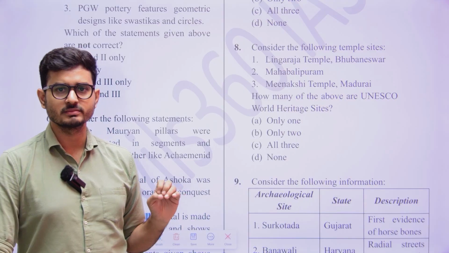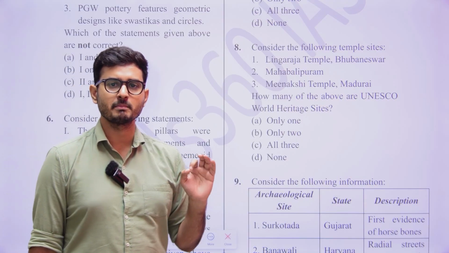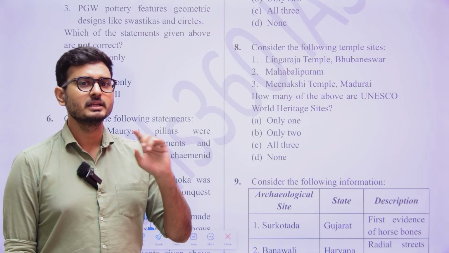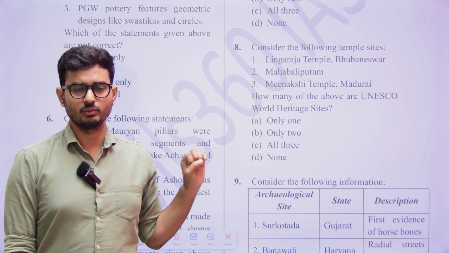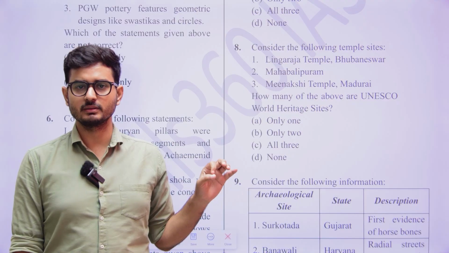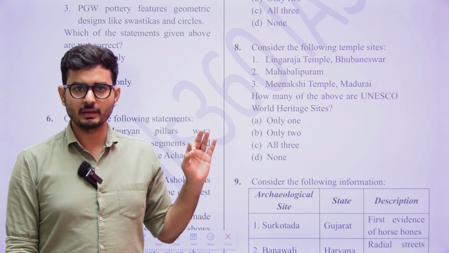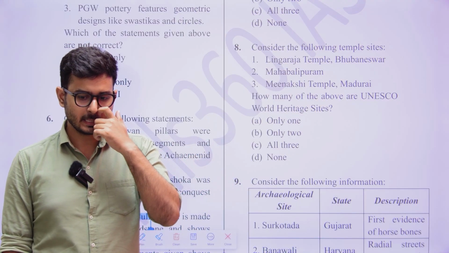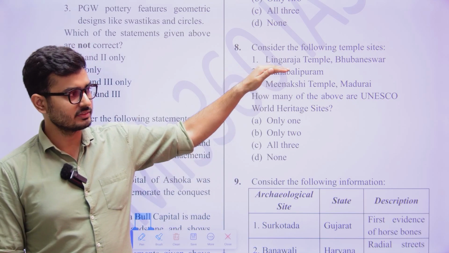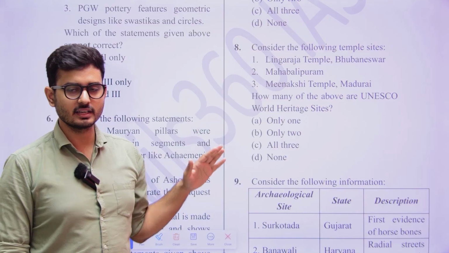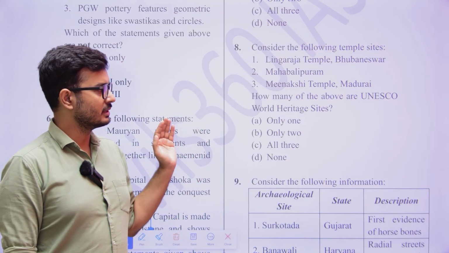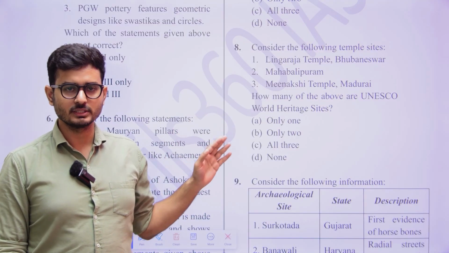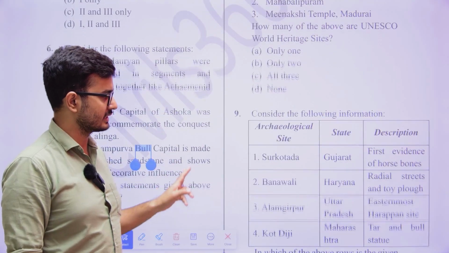Mahabalipuram is also known as Mammallapuram. Mahabalipuram was the area where the Ratha temples were constructed by Narasimhavarman, the Pallava ruler. That is why it was given UNESCO World Heritage Site status. The Lingaraja temple of Bhubaneswar and the Meenakshi temple of Madurai are not given the UNESCO status.